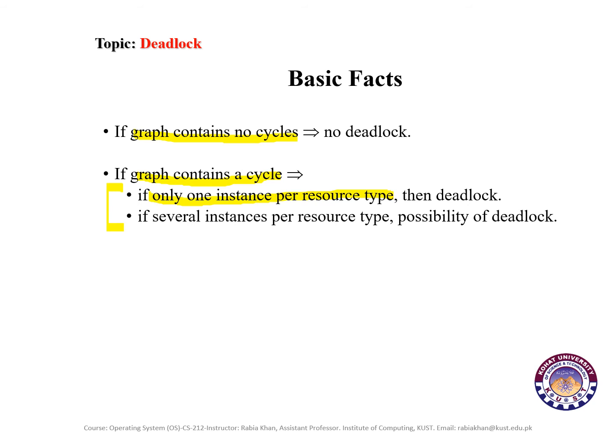But if more than one instance of resources are there in your resource allocation graph, then there can be a possibility of deadlock. Deadlock may happen or it may not happen.